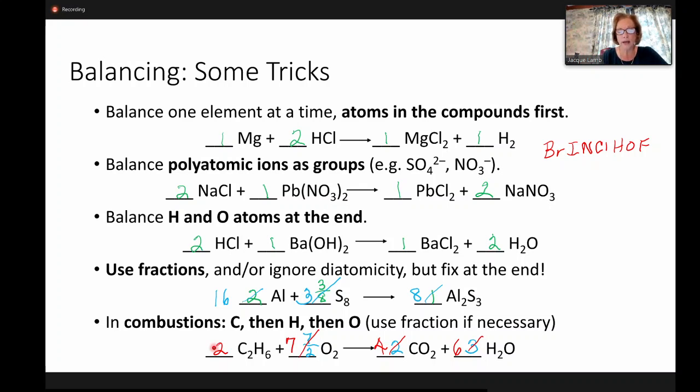It's probably easier for you to just go through the exercise and count the oxygens on this side. When you have an odd number, you end up with a fraction on the reactant side, which you just have to clear by multiplying by 2. It will happen a lot with the diatomics.